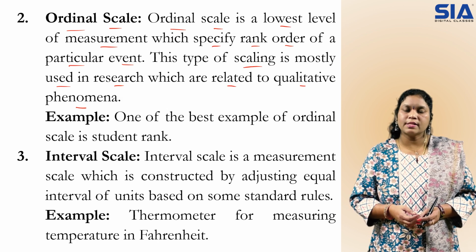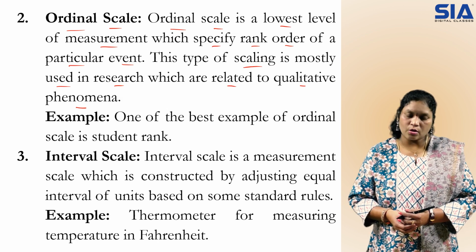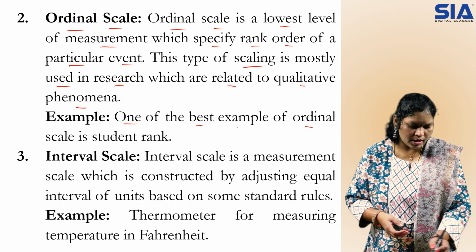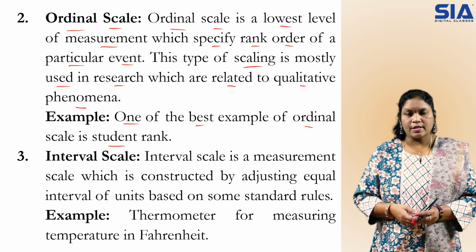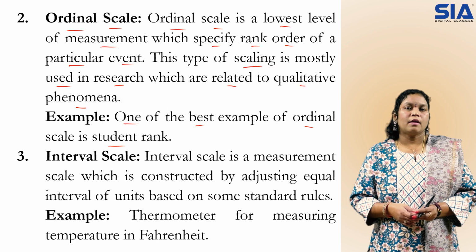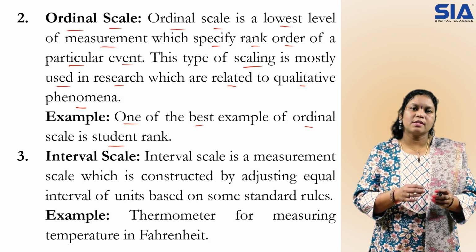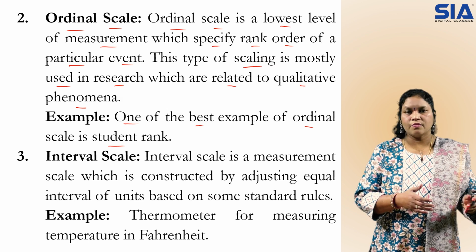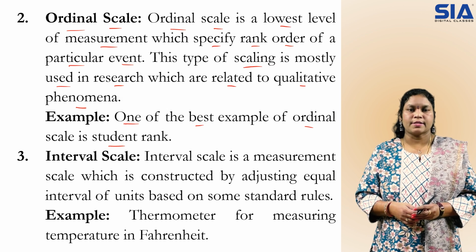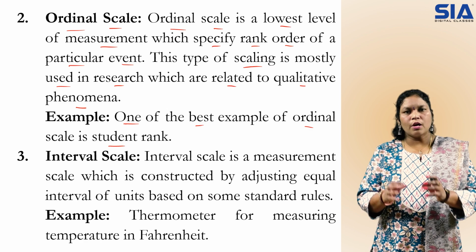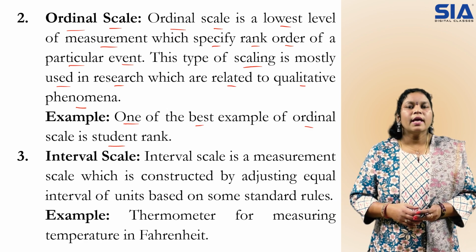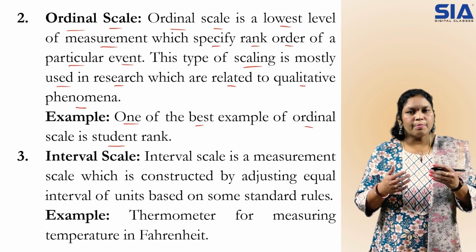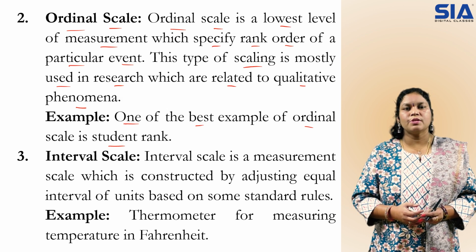Now let us check out some examples. Where can we utilize this ordinal scale? One of the best examples of ordinal scale is student rank. Students get ranks, and based on the rank we can say he or she is the topper of the class, but not much more information can be drawn from ranks.